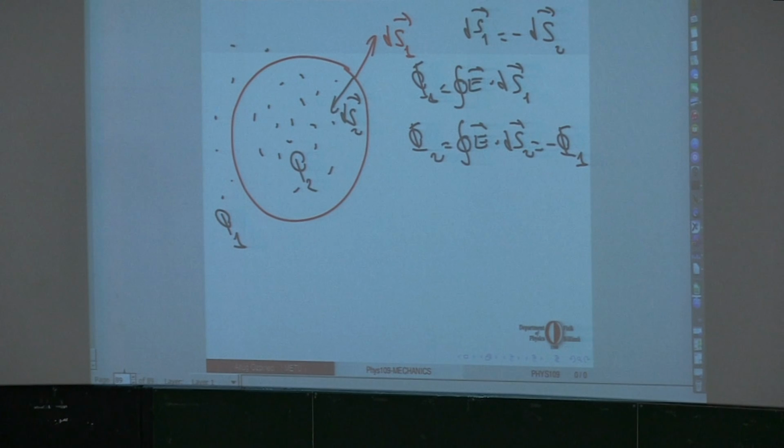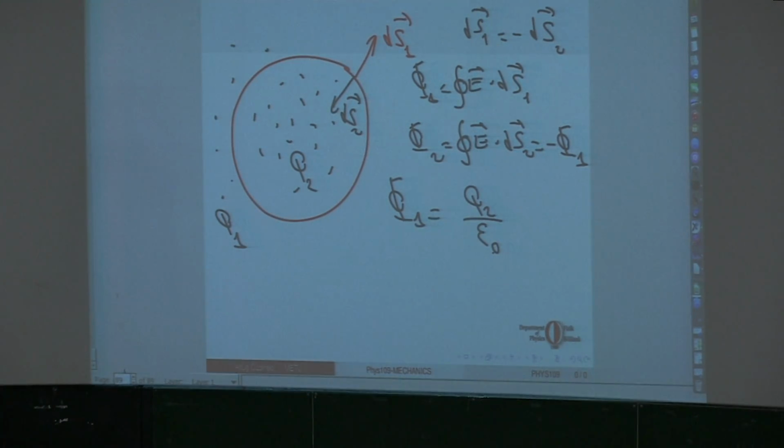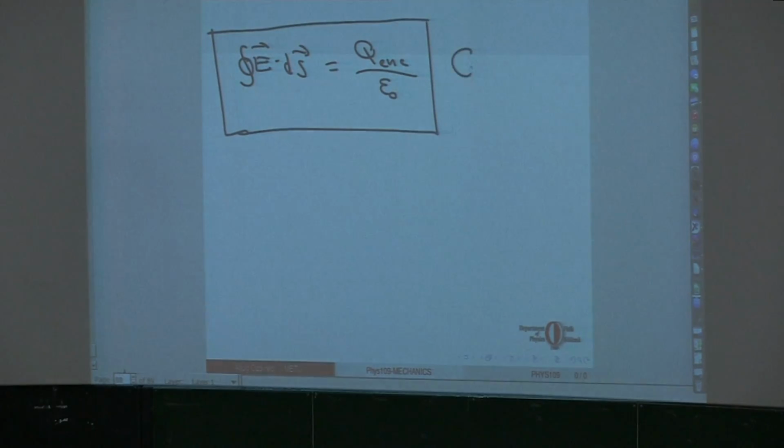Now, phi1 is what we were always considering. We always had that in mind. The inside of the surface is clear, inside the sphere. And so this is equal to Q2 over epsilon 0. This is phi1. How can we apply Gauss's law to phi2? This is Gauss's law. How can we apply this law to the second choice of orientation of the surface?